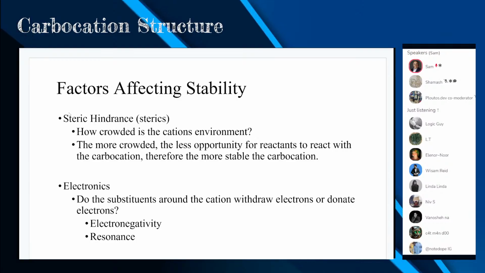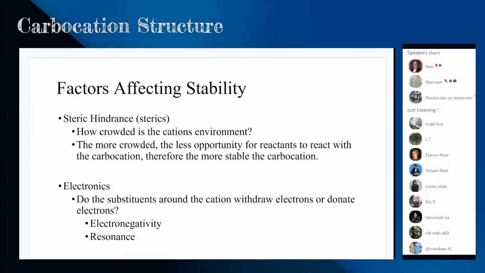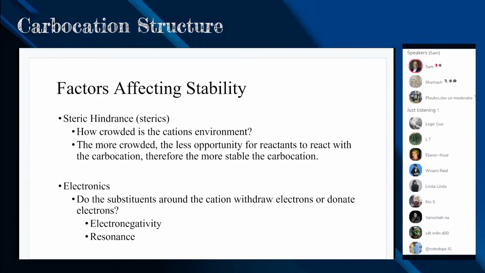So, as always, there are two factors that affect chemistry. One is steric hindrance, which basically means how crowded is the environment around the reaction site.